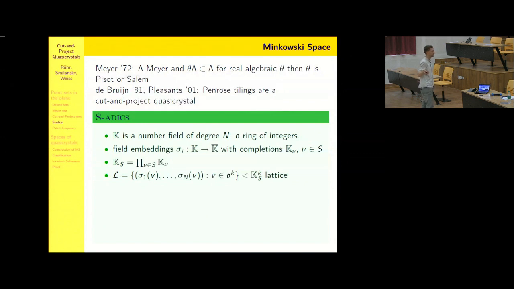So we fix some number field K, O is its ring of integers, and we look at all possible field embeddings. K_S is the associated Minkowski space. If you embed O in K_S, it will be a lattice, and the same thing you can do in higher dimensions.